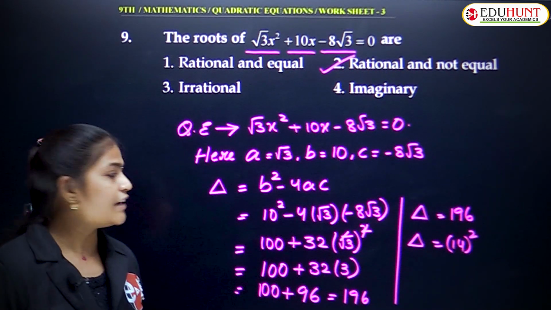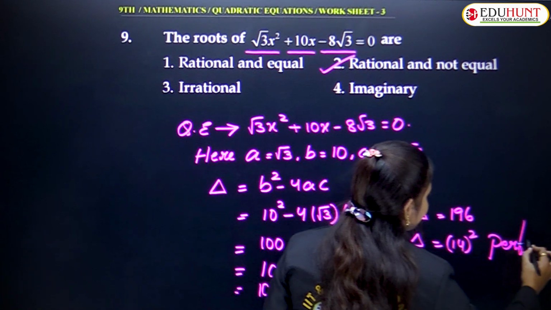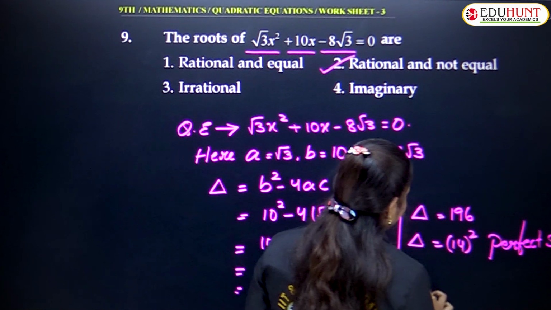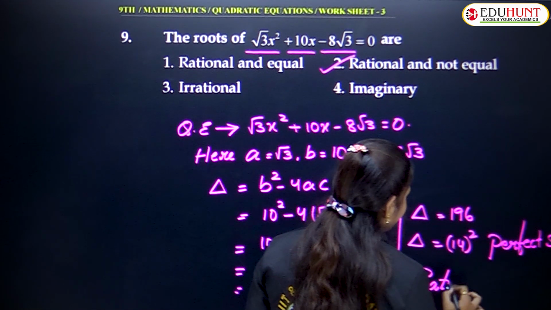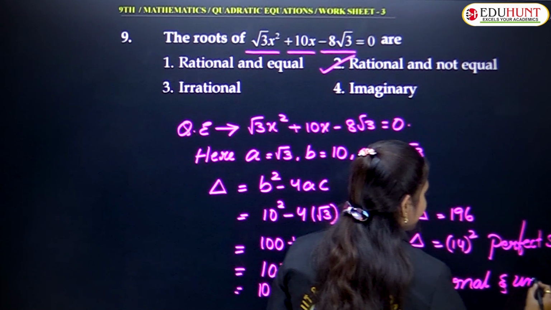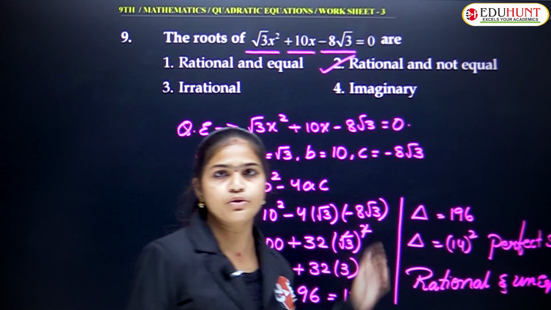Yes or no? If that delta value is a perfect square, then the roots are rational and unequal. Rational and unequal roots. Already we explained about this one in that concept before, right?